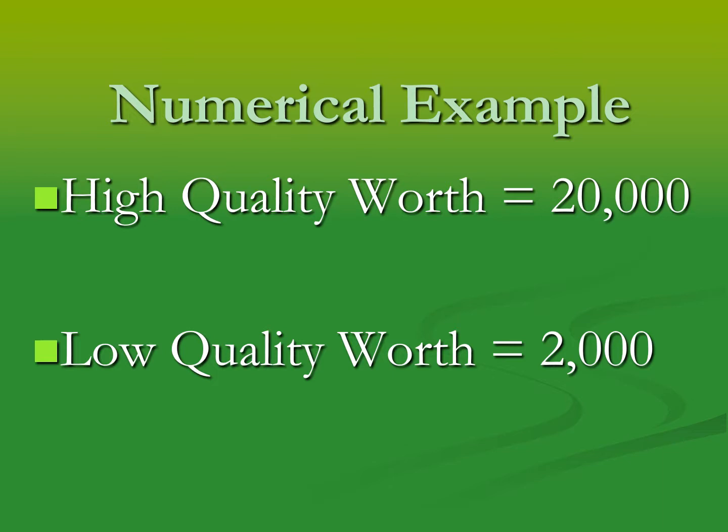If half are worth $20,000, the expected value we would get from high quality cars would be $10,000. And if half were low quality cars, then the expected value addition would be $1,000 from the low quality cars. So we'd have $10,000 from the high and $1,000 from the low. And so if we just randomly selected a car, the average worth would end up being about $11,000, the expected value.